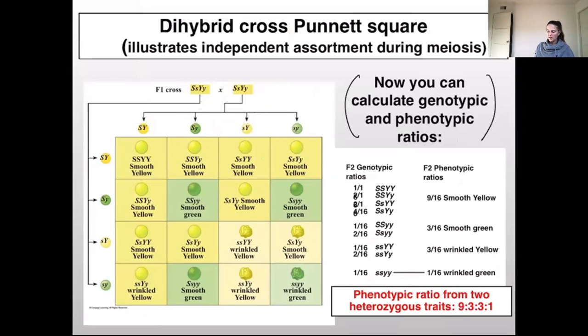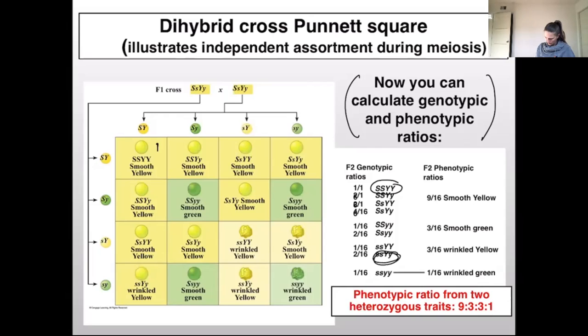Now you can calculate genotype and phenotypic ratios, right? So how many, for example, big S, big Y are there? And it looks like only one, right? And you can go through and predict that. So how many, for example, little s, big Y?